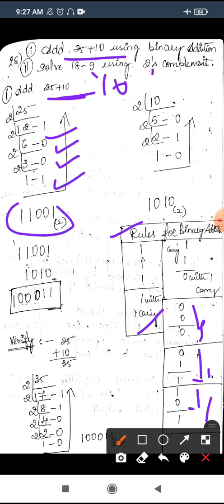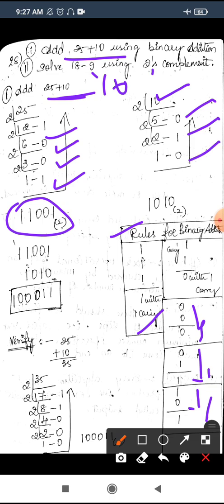So you have to note down the remainders, and this will be the converted form of decimal number 25 to binary. Next, you have to convert 10 as usual, dividing by 2, because you have to convert into binary. 2 5s are 10, 0 is the remainder. 2 2s are 4, 1 is the remainder. 2 1s are 2, 0 is the remainder.